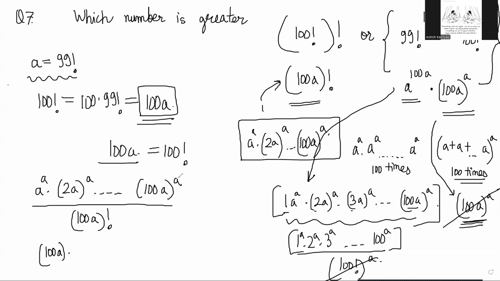On top, I have only 100 terms. But here I have a lot of terms actually. It's just because I'm writing A like this. Actually, there are a lot of terms on top also.